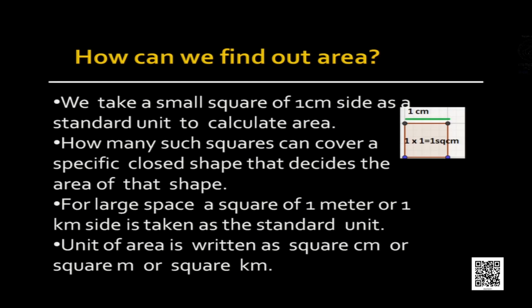For a larger space, a square of 1 meter or 1 kilometer size is taken as the standard unit. So, using this 1 centimeter square, its area is 1 square centimeter. So, this is our unit to measure area. Unit of area is written as square centimeter or square meter or square kilometer based on its size. Look here.